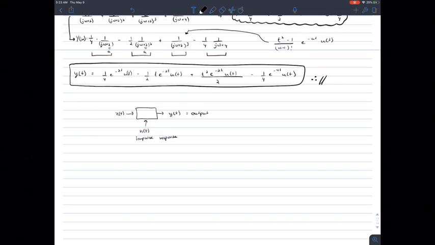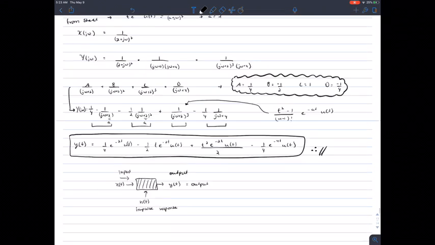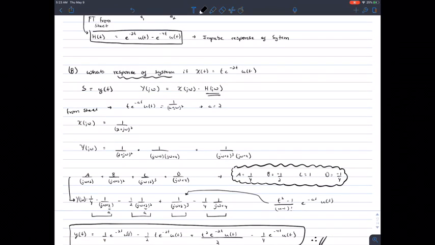Okay, so the impulse response is this whole box, x of t is an input, and this is an output. That's just a little picture that I use to help me realize what needs to be solved for, and then you are all golden.